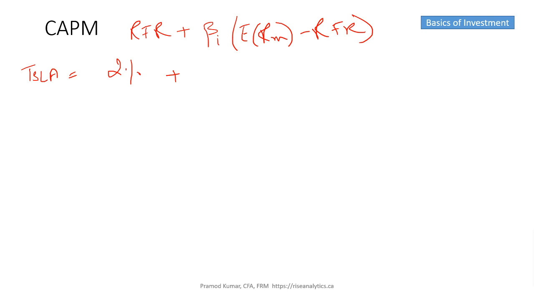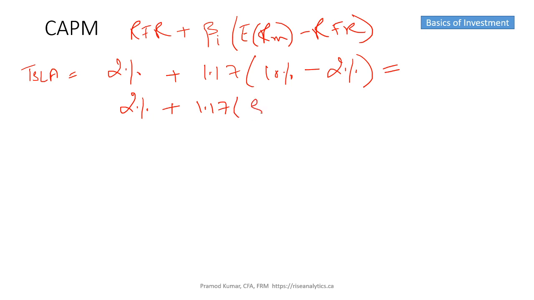Okay, so let's plug our numbers back. So this is 1.17. This we assume is 10% based on history, minus 2% back. Okay, so how much is it? Let's calculate. So this one should be 2% plus 1.17 times 8%.